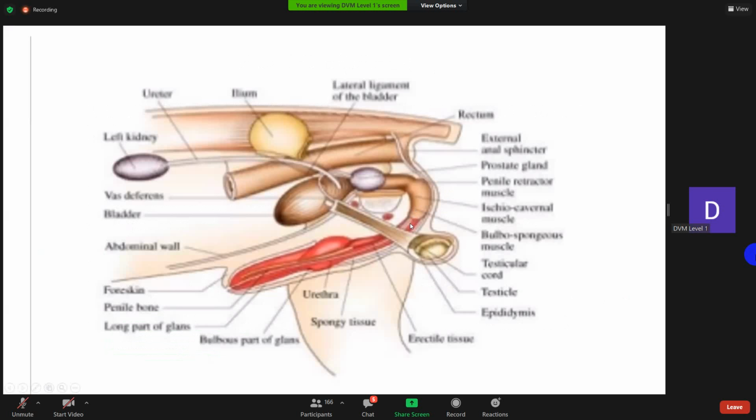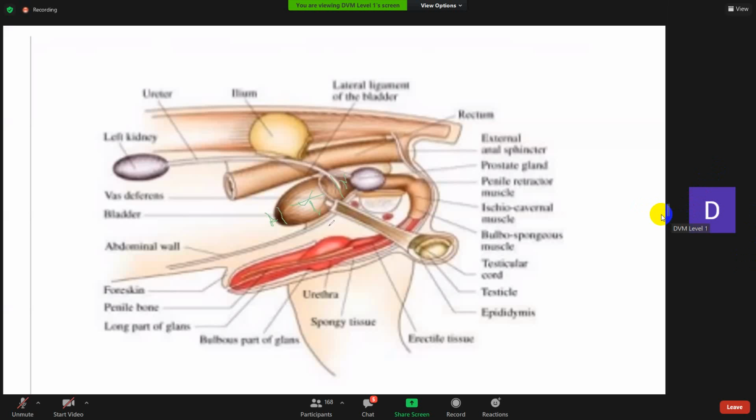So you see, this is the urinary bladder, and this part is the apex, and this part is the neck, and this part is the body. So this is the apex, and this is the neck of the urinary bladder.